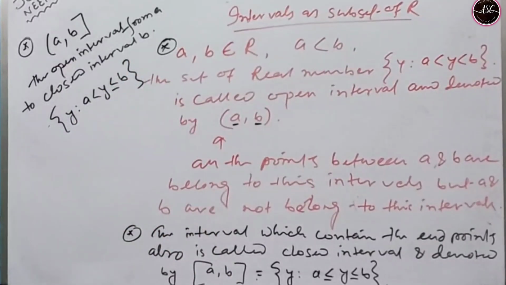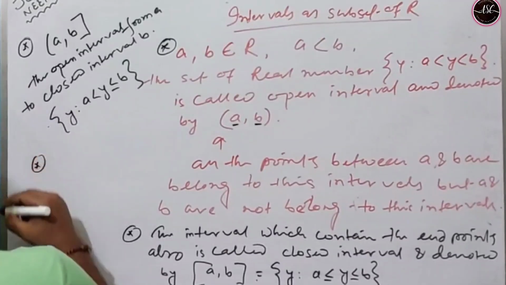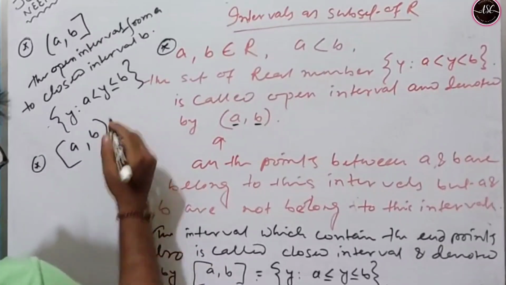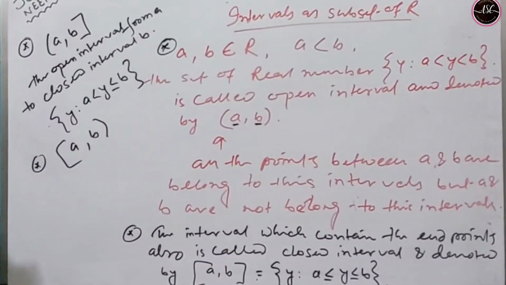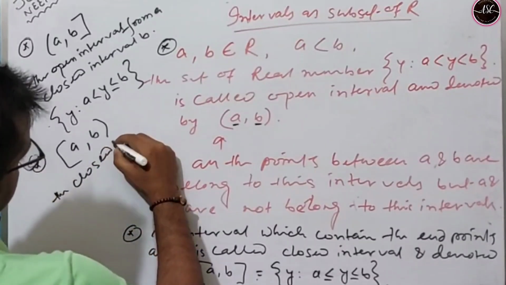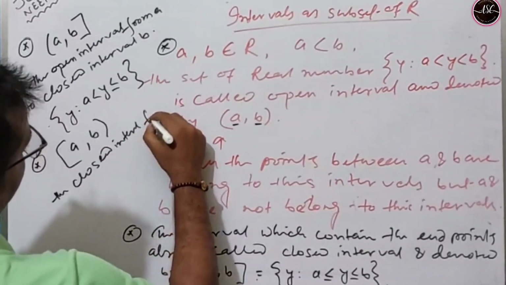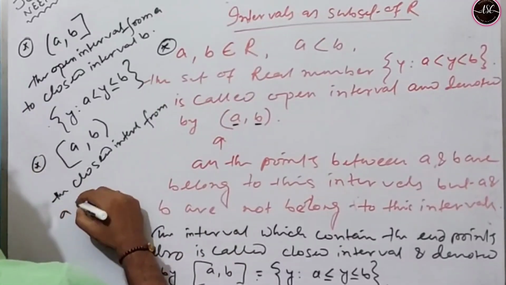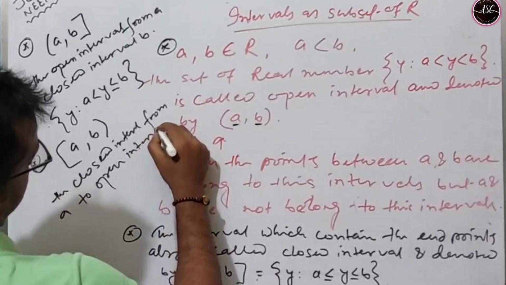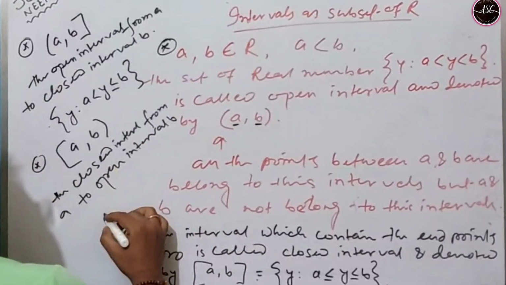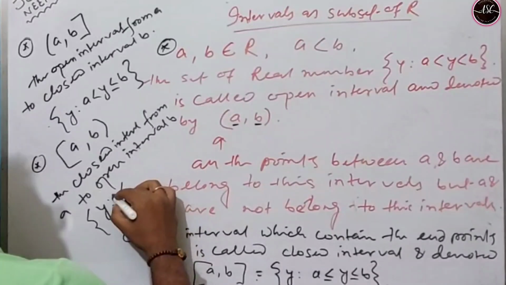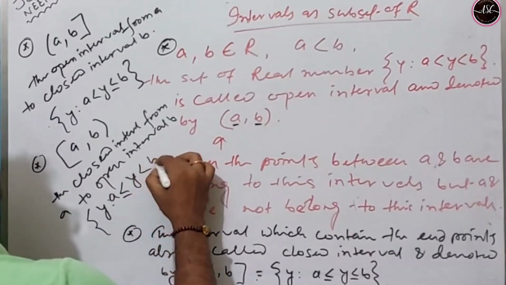Another type also exists, [a, b), the closed interval from a to open interval b. It can be expressed as y such that a less than or equal to y less than b.